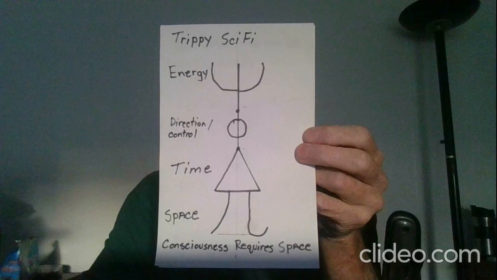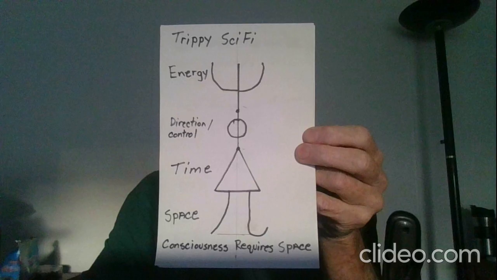Just below that, you have the phi, Greek phi alphabet symbol, which represents control, direction, stabilization.